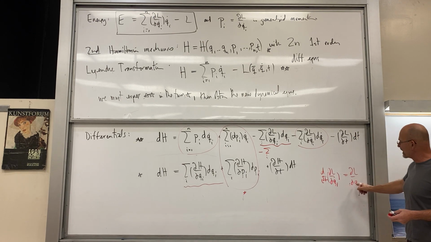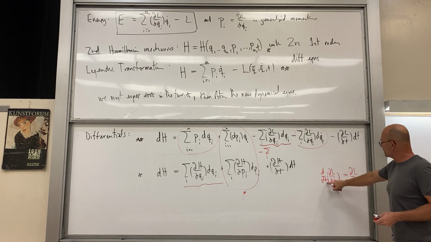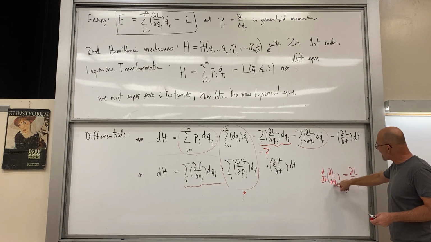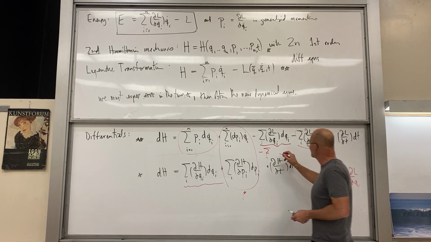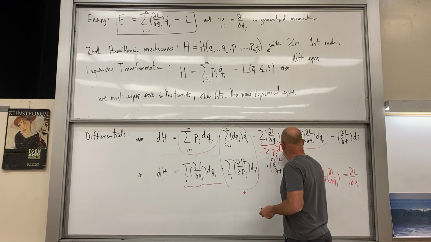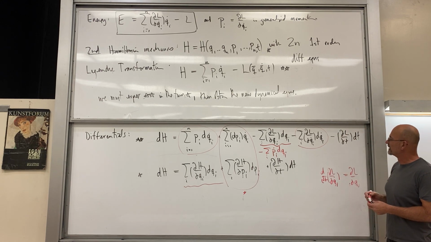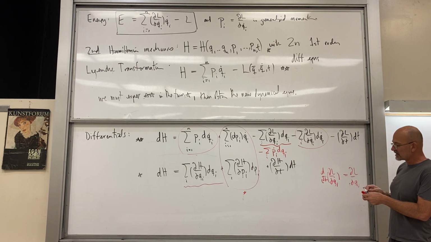Of course, that's one way to write it, okay? So this thing here is the time derivative of this, which is, of course, p_i dot. So we have minus the sum of p_i dot dq_i. Okay. And now we can compare.